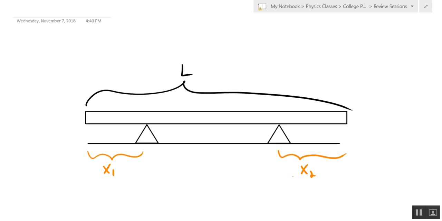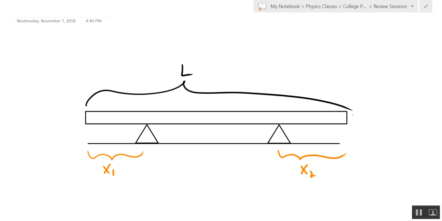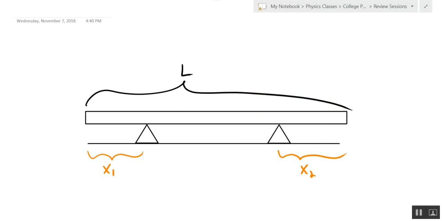But the difference here is that you have another force that's applied to the board in the positive y direction, some distance from the right end. So it's like here. Actually I'm going to do it in blue. Usually the force is blue. So the difference here is that you have a force acting on this thing.